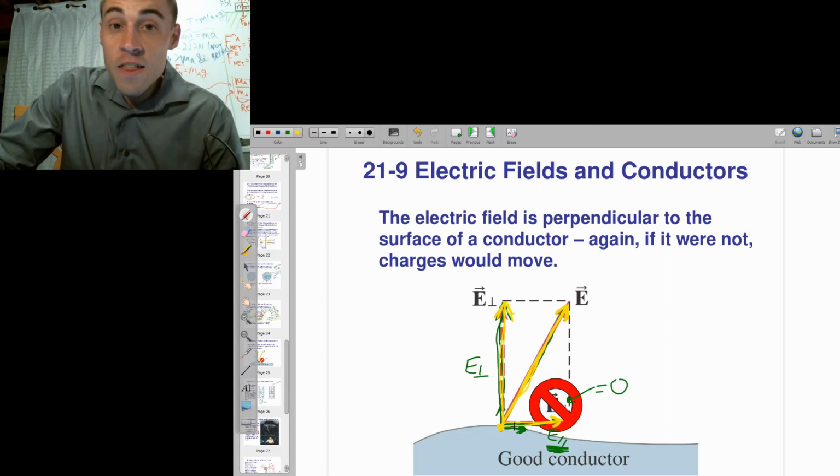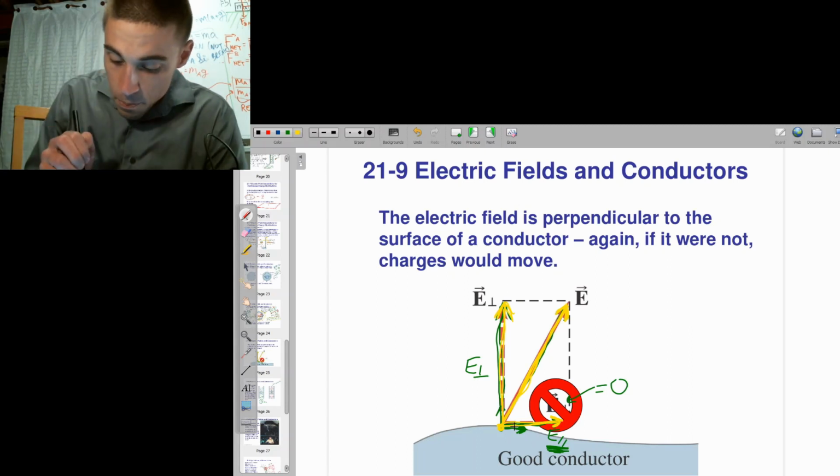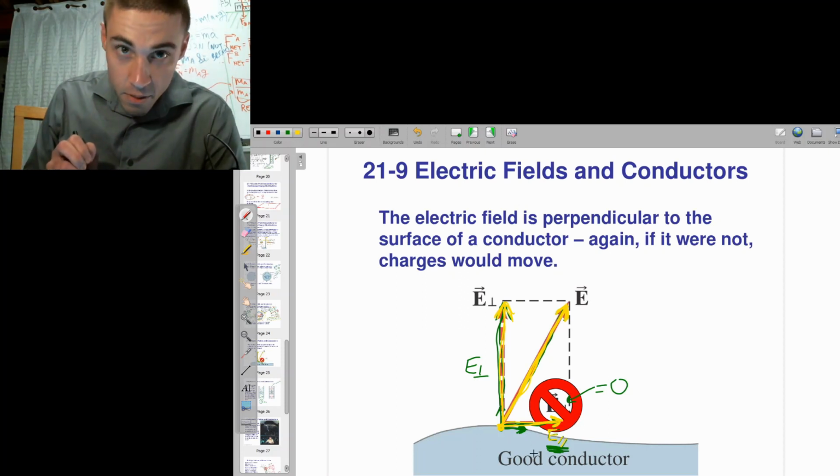The electric field that's pointing in the direction parallel to the surface must be 0. If E parallel to the surface was non-zero, then the charge would move along E parallel.